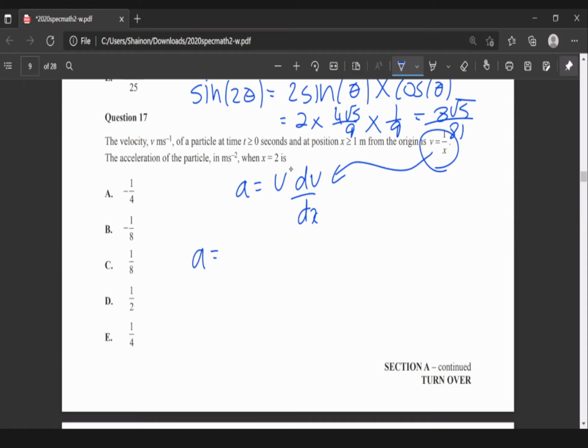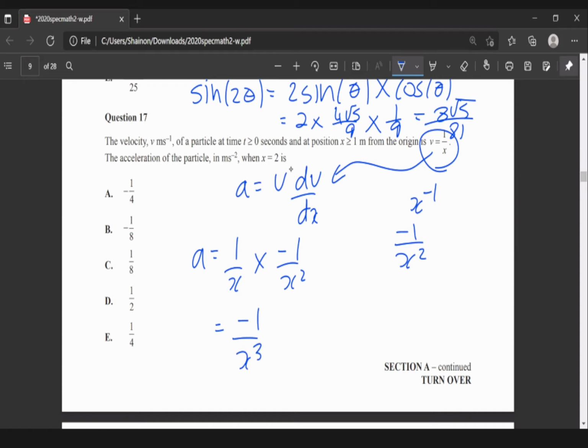So a is equal to v, so 1/x, times dv/dx, so times by -1/x squared, which is -1/x cubed.